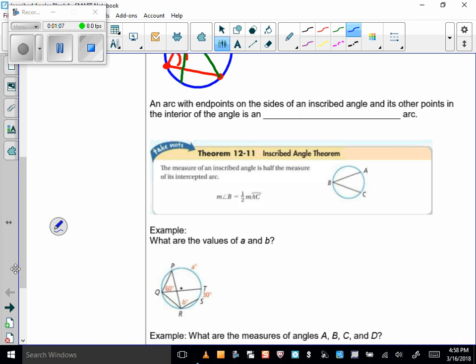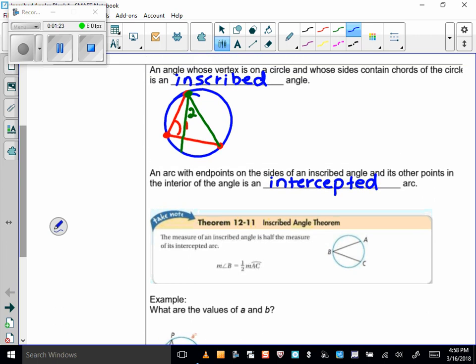An arc with endpoints on the sides of an inscribed angle and its other points in the interior of the angle is called an intercepted arc. So let me go back up here to this picture. Let's take our red inscribed angle.